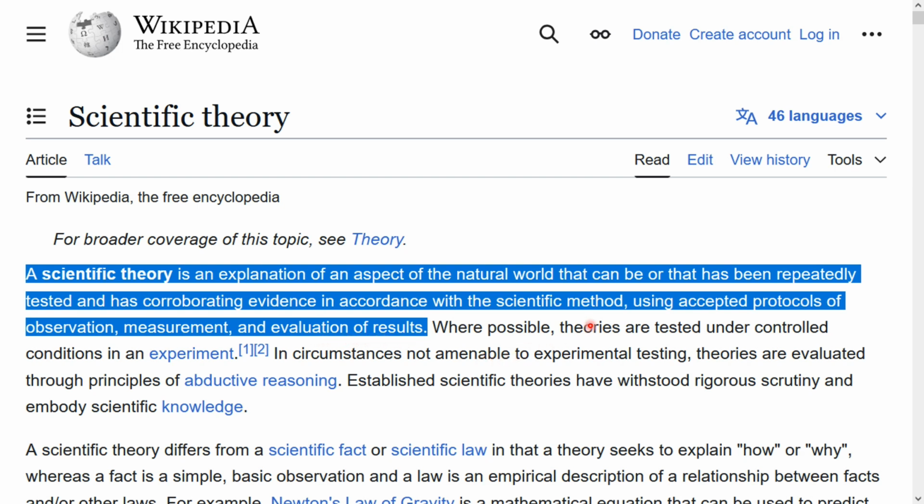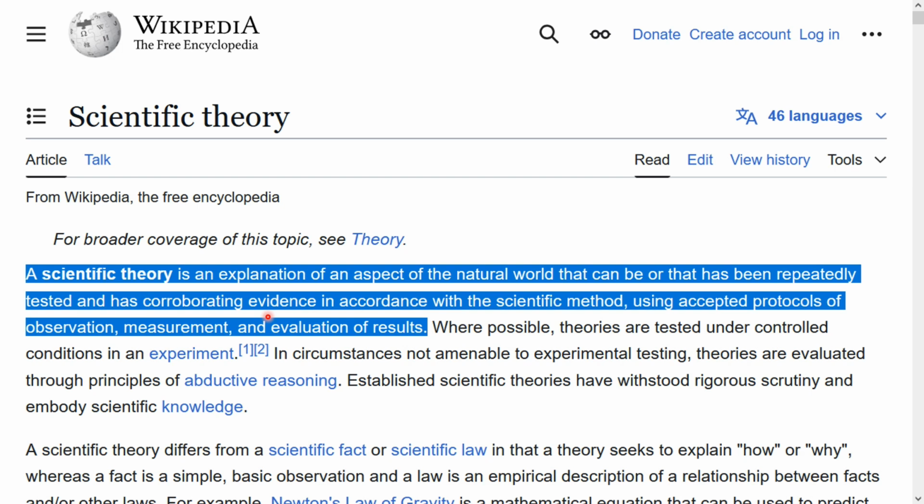Okay, so note that we have here "or". So it can be tested and it has corroborating evidence, meaning evidence that supports it. Good.